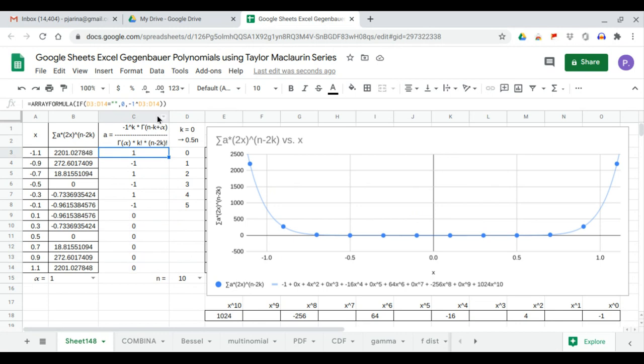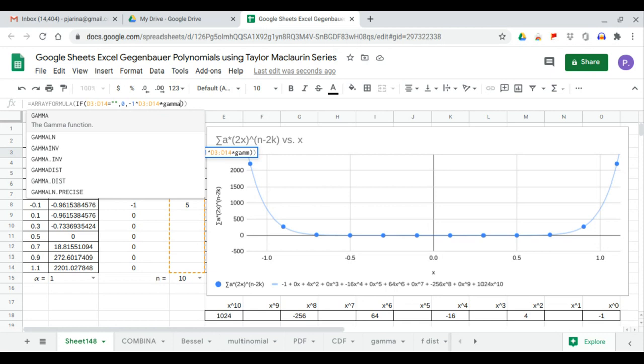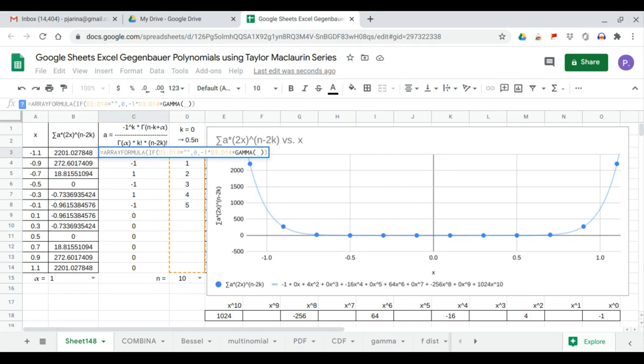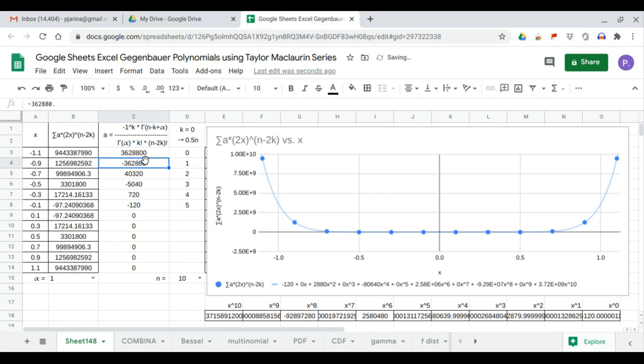Second part of the numerator is gamma of n minus k. So times gamma n minus k plus alpha. So that's the numerator. Now the denominator.